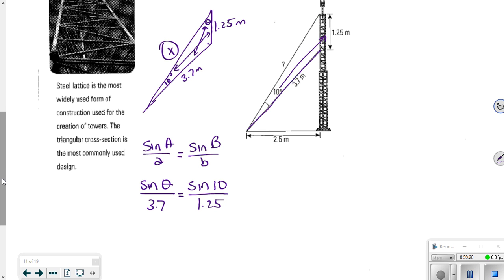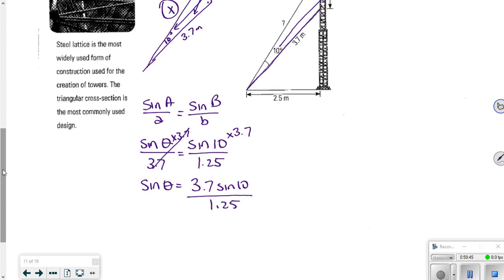Rearrange, solve for my angle. So I'm going to times by 3.7 on both sides, so this cancels. So sine of my angle equals 3.7 times sine of 10 over 1.25. Inverse sine to get rid of my sine on this side.